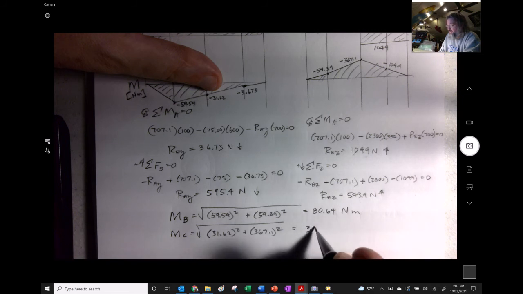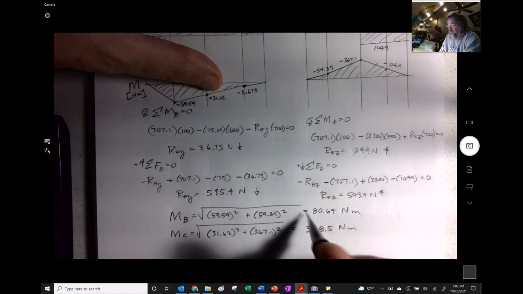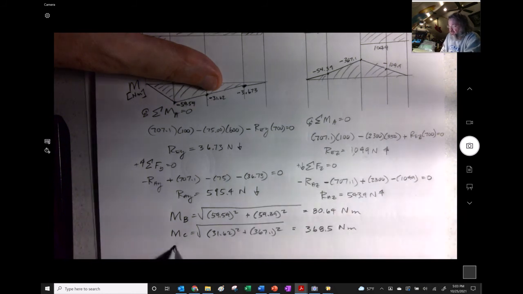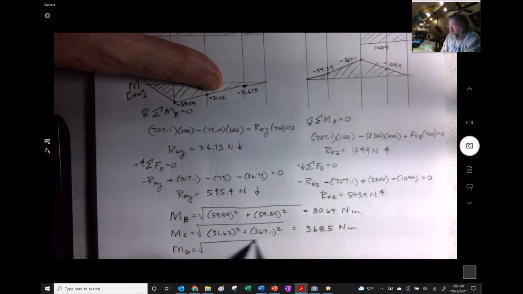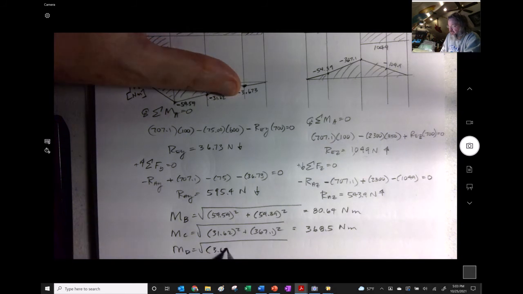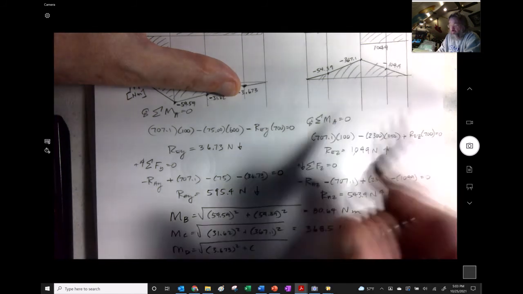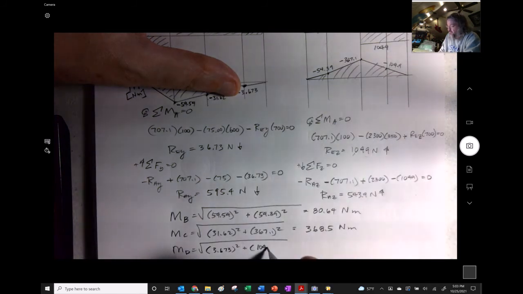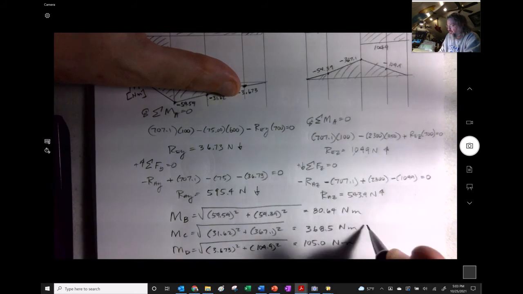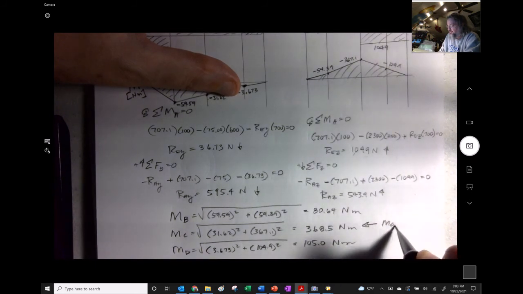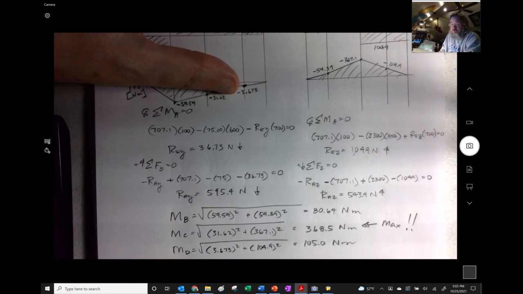In fact, it doesn't really even change the results much. That's how much bigger this is than all the others. And then MD, square root of 3.673, that's just pathetic, but also 104.9 squared, and we end up with 105. So this is the max by a large margin.